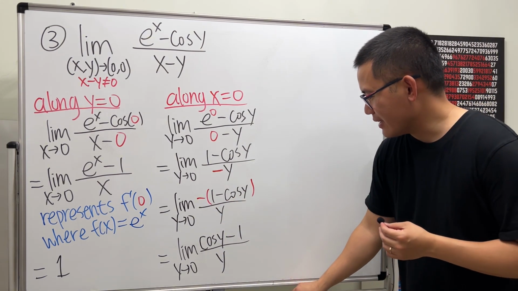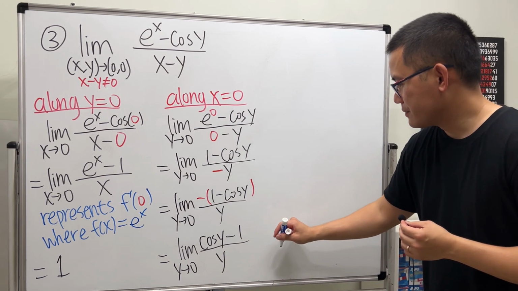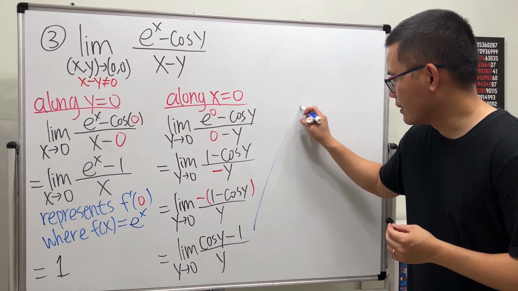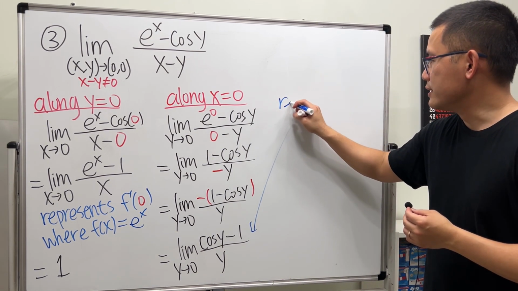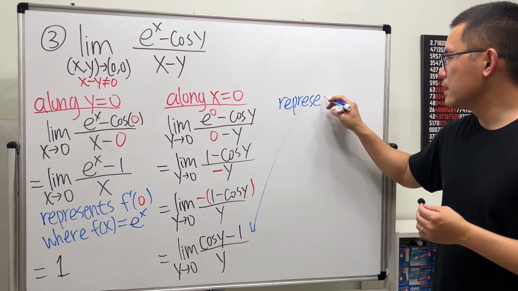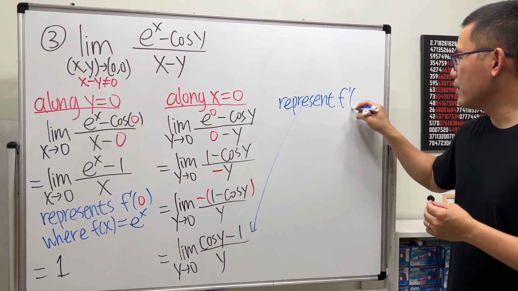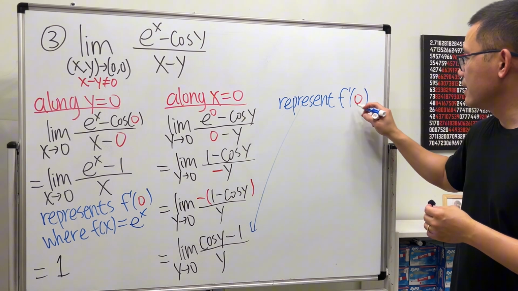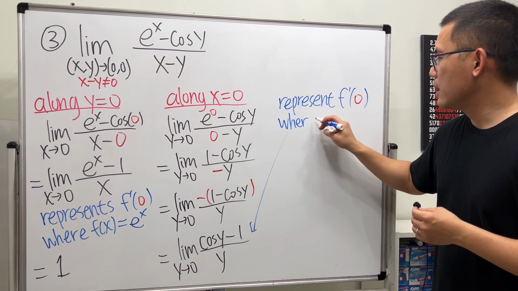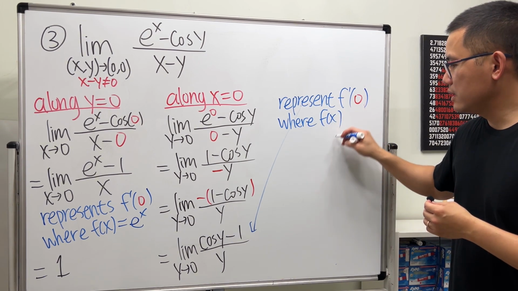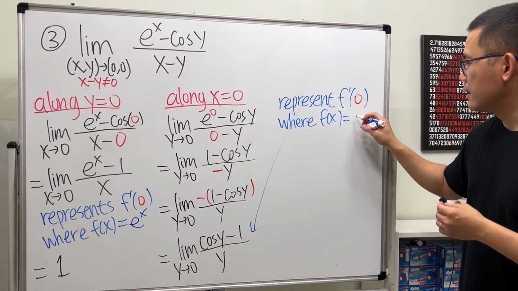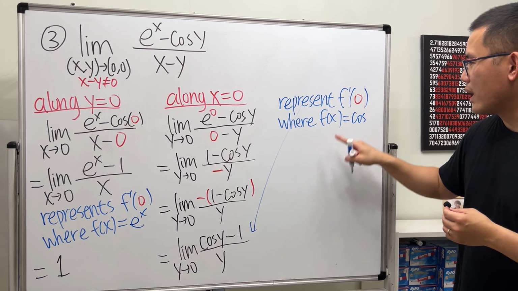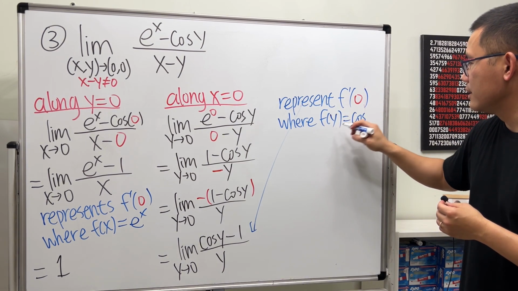This expression, I'll just tell you guys, right here, this represents f prime of 0. And of course, this f and that f are different, where the function is cosine. Well, technically I should use y because over there we have y.